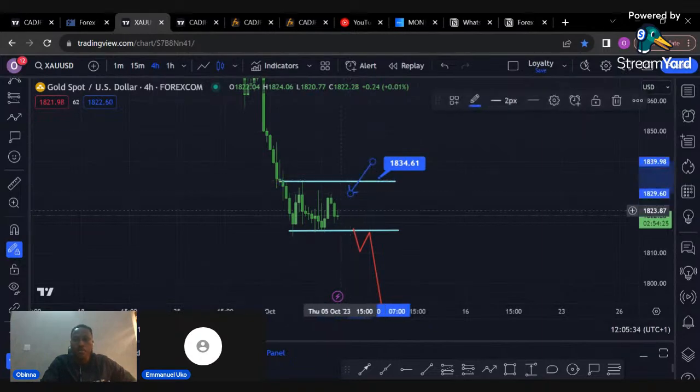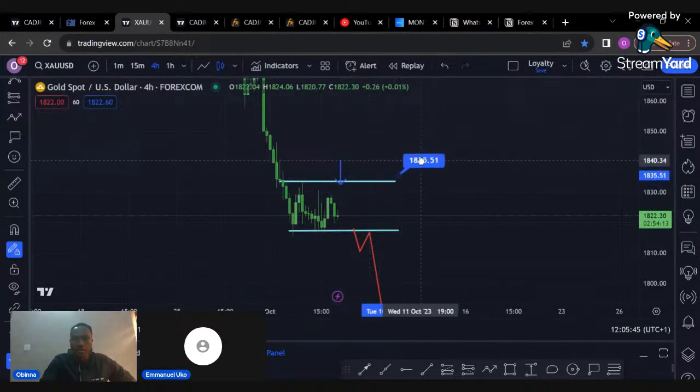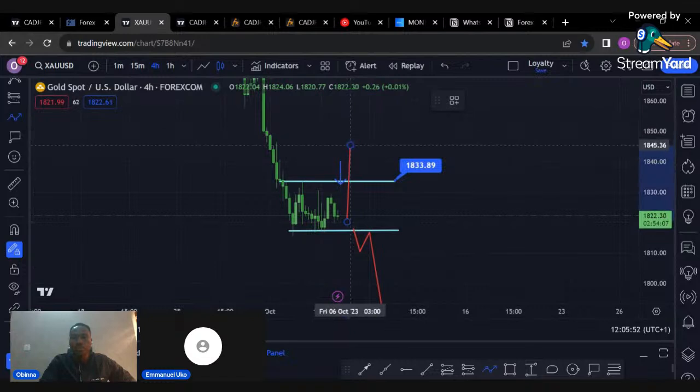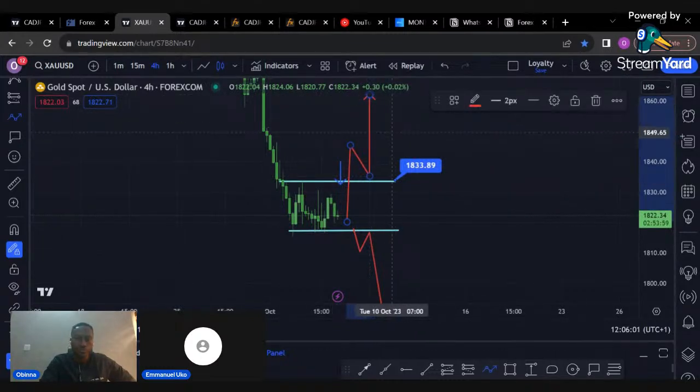But if you are good with taking support and resistance, you can take buys from here down to this point, that is 1834.61. But if price breaks out of this ranging area, then you want to see that this place is holding and is valid to continue going up. So that's what you want to do.